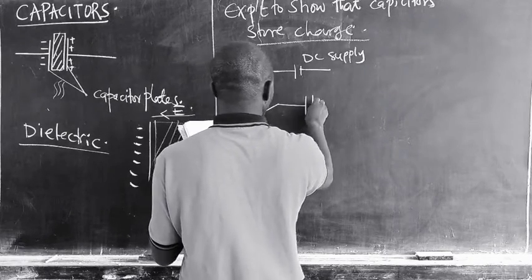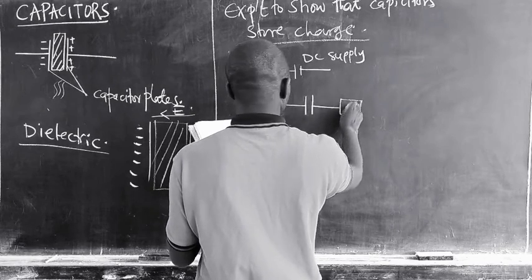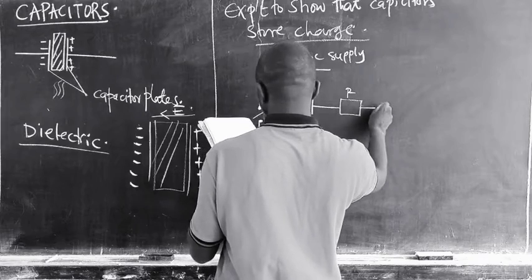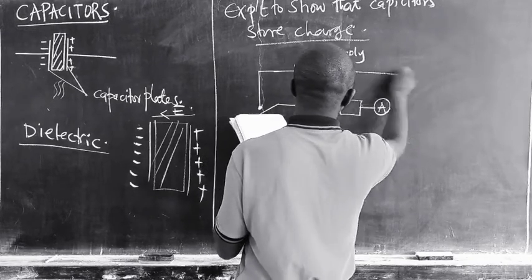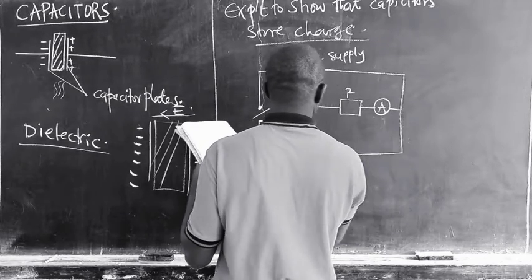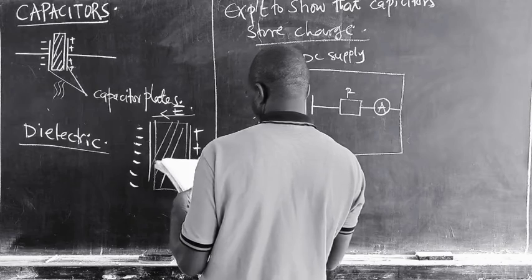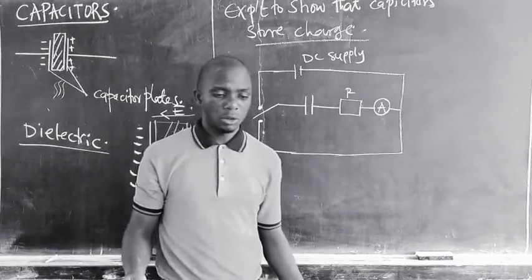I have a capacitor here. This is a resistor. This is an ammeter. And then you can have our circuit completed like that.